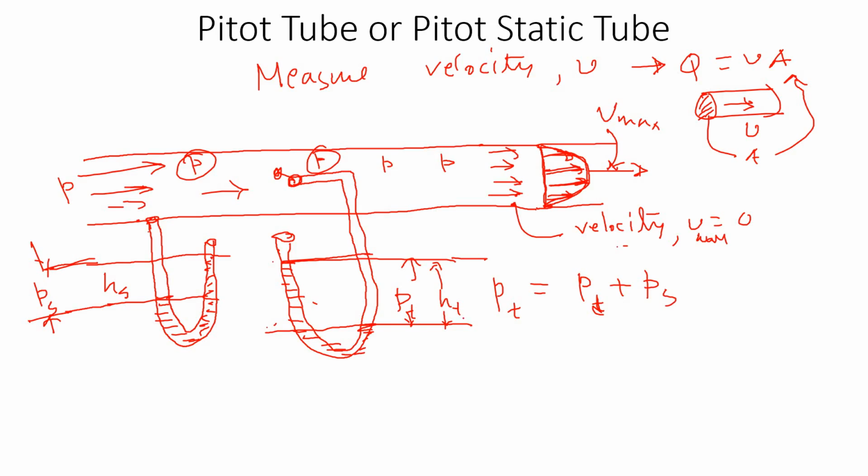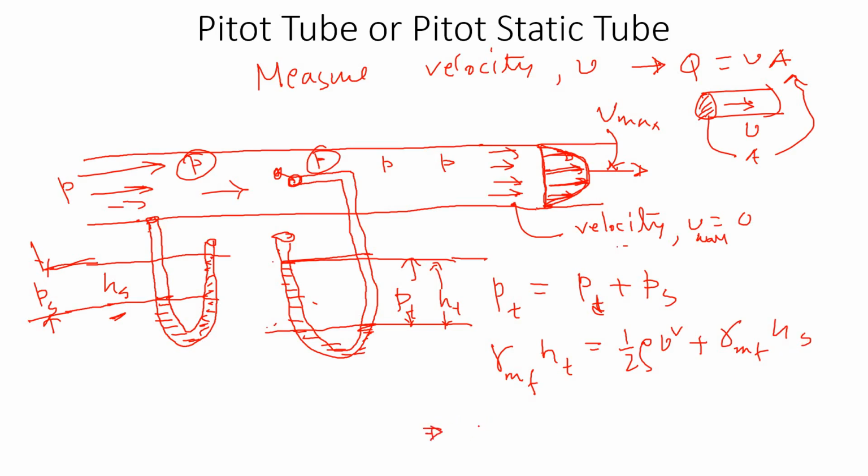So now let's convert this. We can measure this HT and then also the static head. So we can say here P equals gamma H. Gamma is for the manometer fluid, because it's the manometer fluid height change, and then the total height change is this. And then the dynamic head we can write as half rho V squared, plus this static pressure, gamma of manometer fluid times the static change of height.